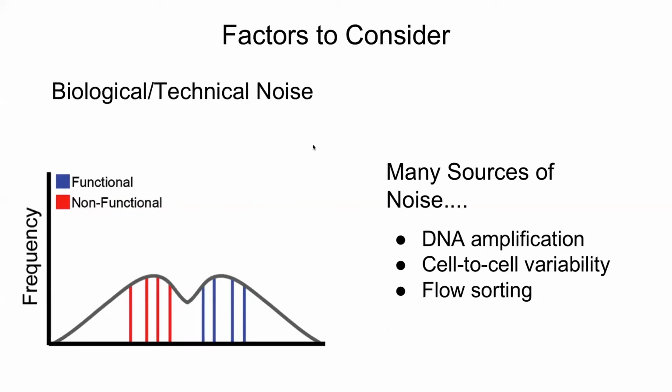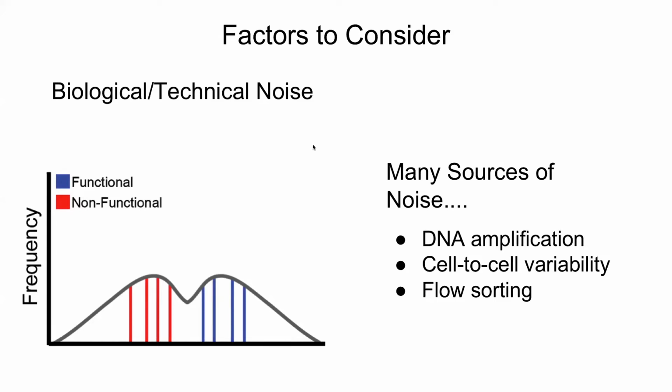Aside from dynamic range, noise is quite prevalent in these assays. Often these are quite long workflows, everything from the library generation phase where you can possibly unbalance your library through overamplification or other methods. When you introduce your library into your host, there's cell-to-cell variability, so you may not have enough cell coverage.